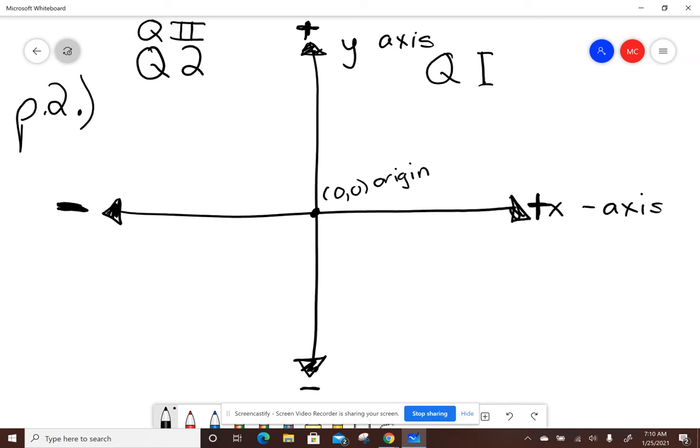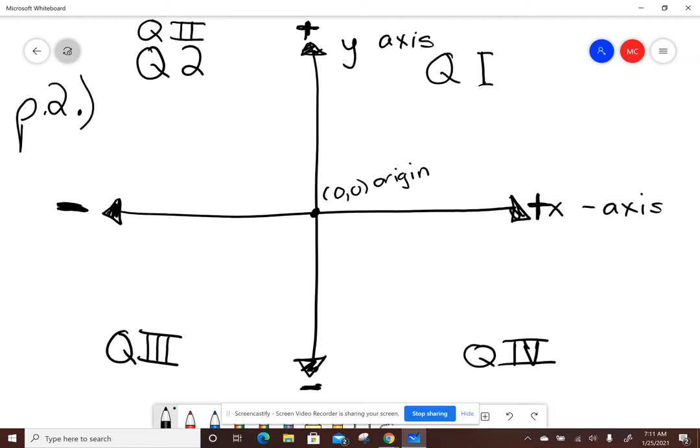Now, down here is where y is negative, and over here is where x is negative. So quadrant 3 is where both x and y are negative. And quadrant 4, that's an IV. Think of, I want to get into Ivy League, so I'm going to remember IV means 4. Okay, this is where the x is positive and the y is negative.